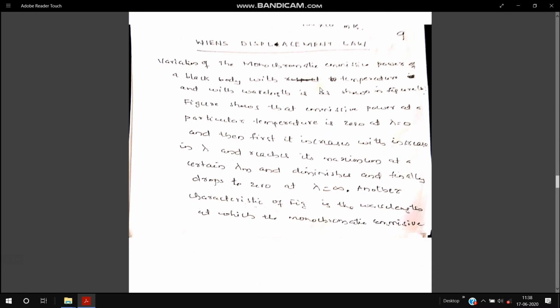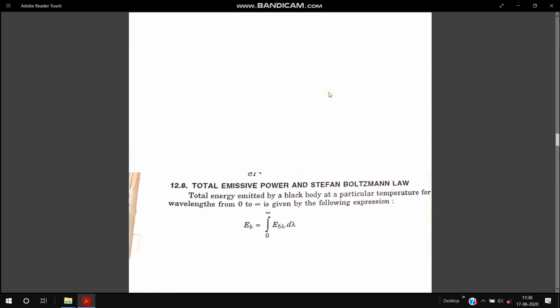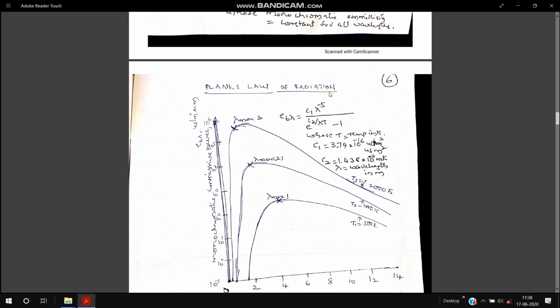Now, Wien displacement law. What is the Wien displacement law? Let us go to the figure again.